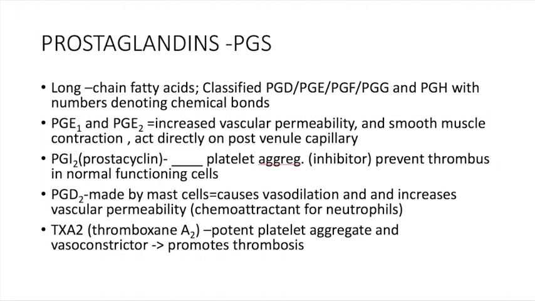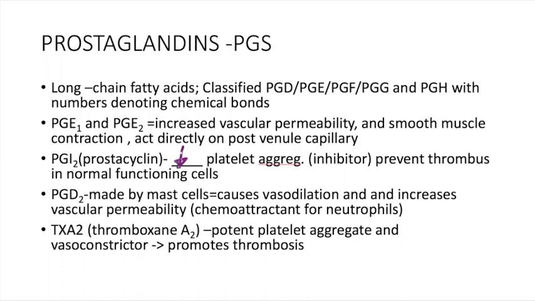Next up is PGI2, otherwise known as prostacyclin. This is actually a potent platelet inhibitor. It inhibits platelet aggregation, so it's going to decrease platelet aggregation. And it's going to prevent a thrombus in normal functioning cells.